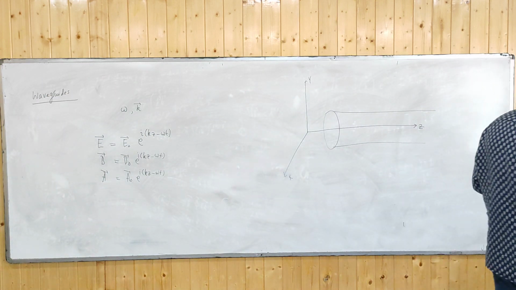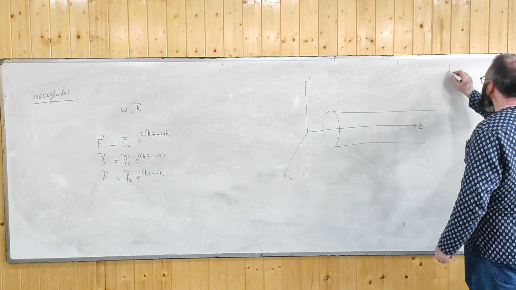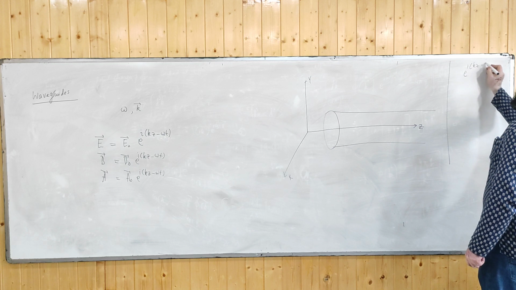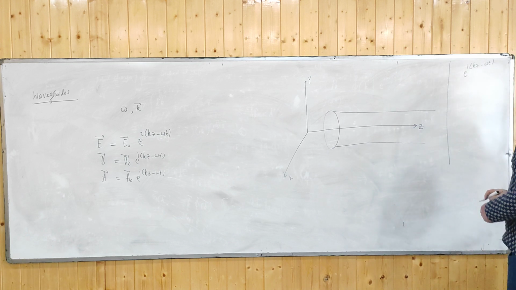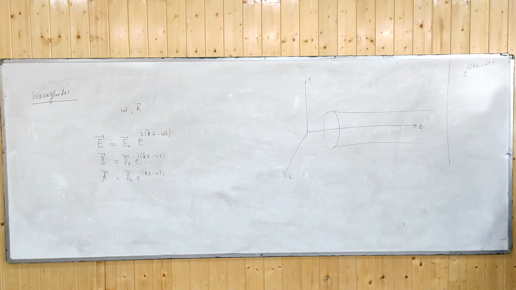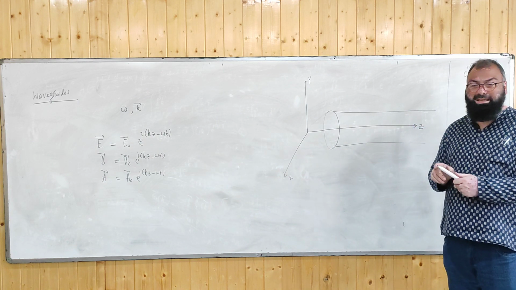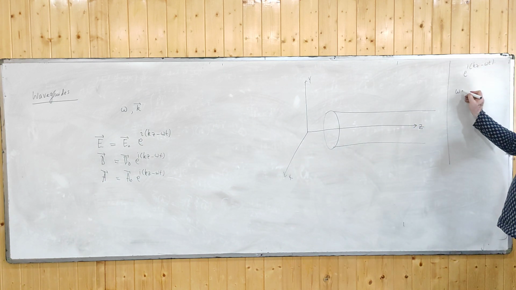So remember this profile. I will write it like this. Now tell me, is omega the same as c times k? If you have a wave flowing through this waveguide, is omega the same as ck?